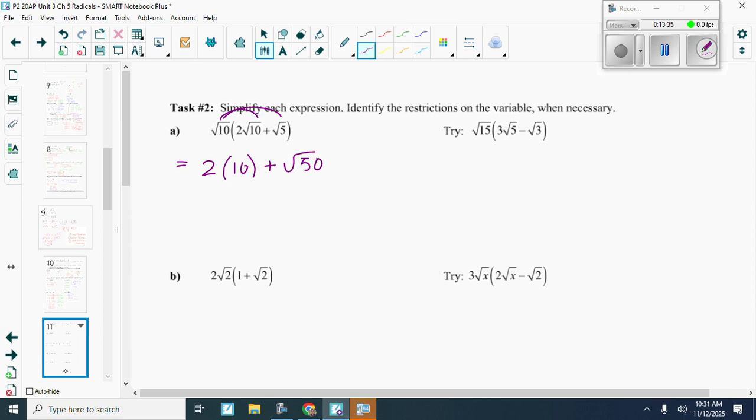So radicand times radicand. And then we just have to simplify, so we have 20 plus 50 can be 25 times 2, so we have 5 root 2. And no restrictions on that because there aren't any variables under the radical sign.